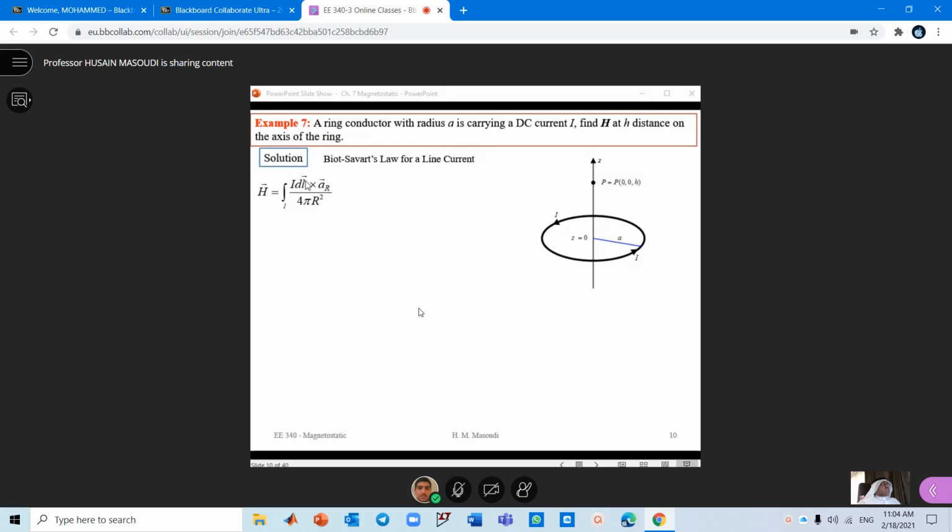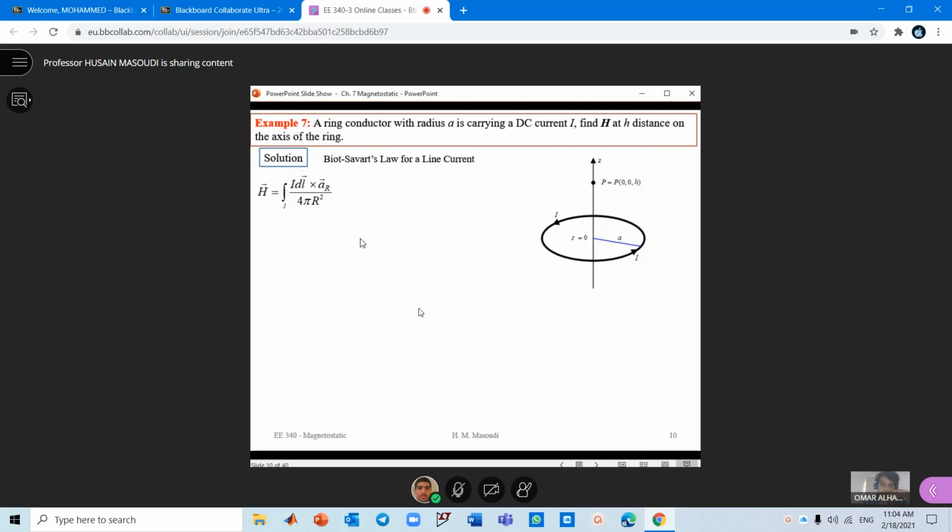Okay, so now select a representative from the current. So dl here with the direction of the current. So what do we do, Omar? Is it a-phi? Yeah, the direction is a-phi, but dl here again has a scalar part and a vectorial part.